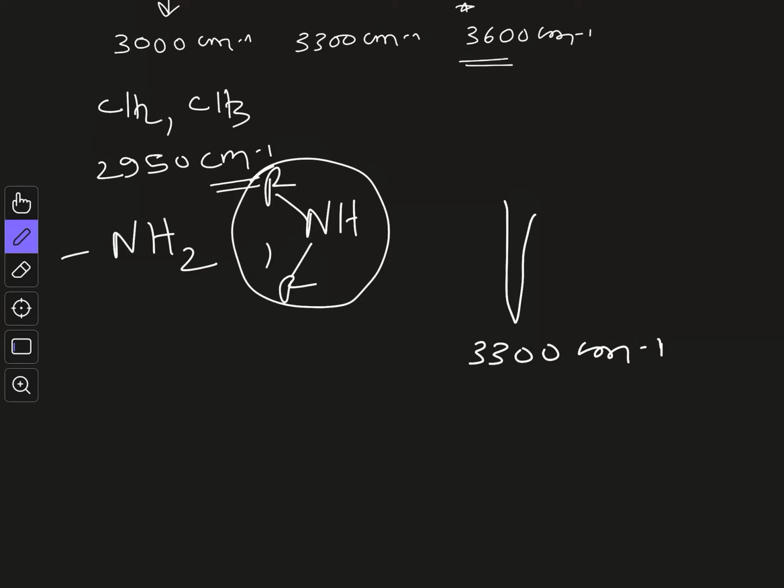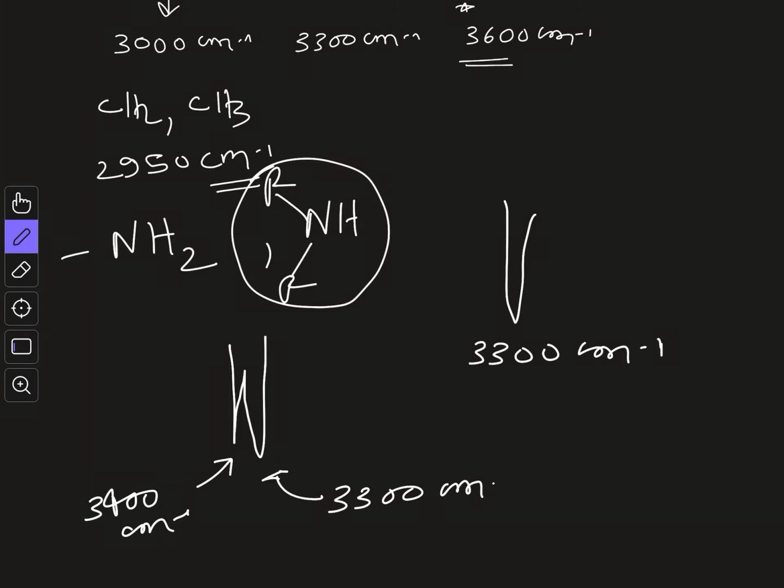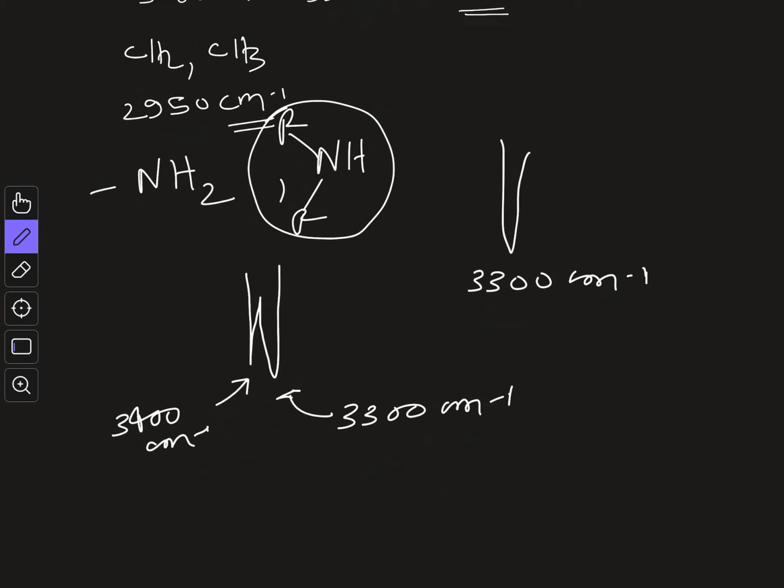So for NH we have this peak at 3300, but for NH2 we have two peaks, one at around 3400 cm⁻¹ and another at 3300 cm⁻¹. Why is there this difference? For NH we have only one peak, for NH2 why do we have two?